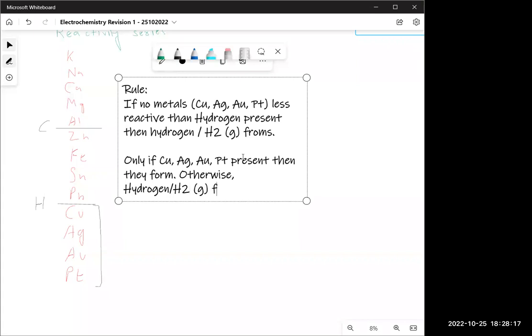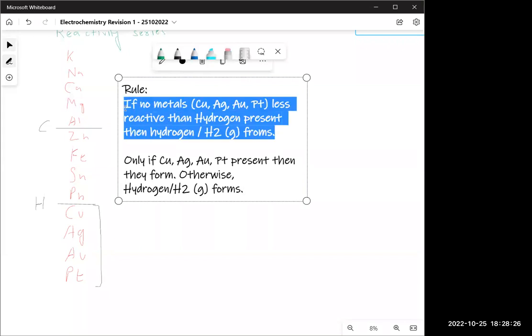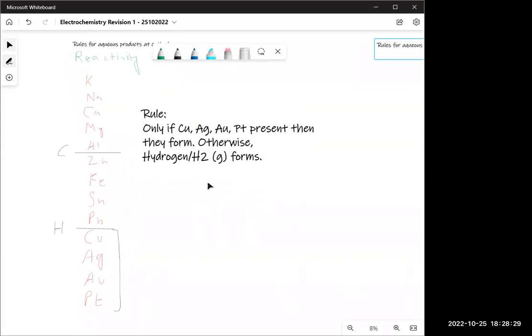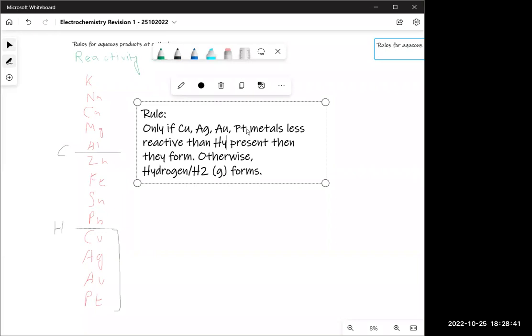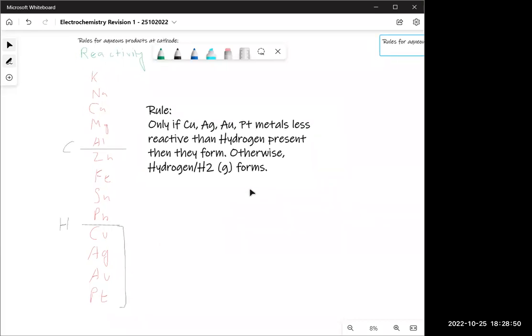Now I want you to remove the first rule, cut this out and write this rule here. Diana, read it out loud. Only if copper, silver, gold, platinum, metals less reactive than hydrogen, are present, then they form. Otherwise, hydrogen H2 gas forms, always.